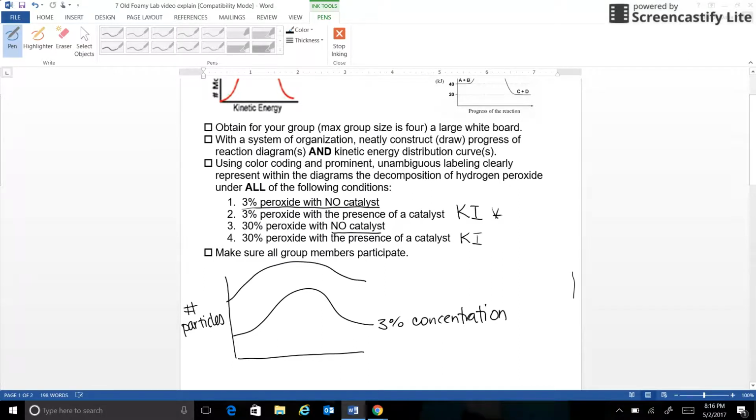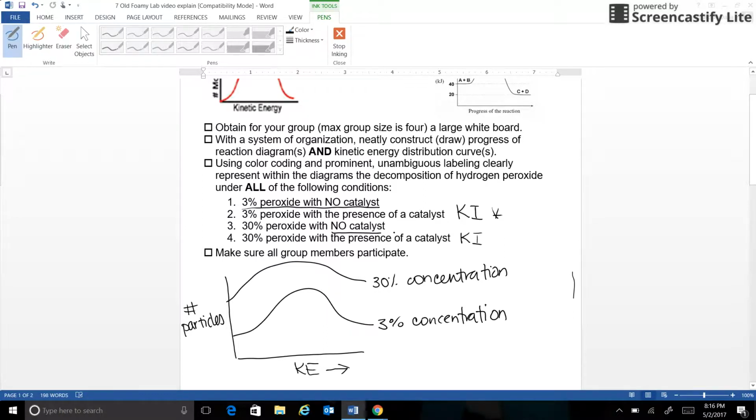We're going to show the graph looking something like this, and we're now going to put 30% concentration. All right, so we have 3% and 30%. On the bottom, I'm going to use our kinetic energy, and I'm just going to show that it increases going this way. So this graph is great. It shows us that there is an increase in concentration.